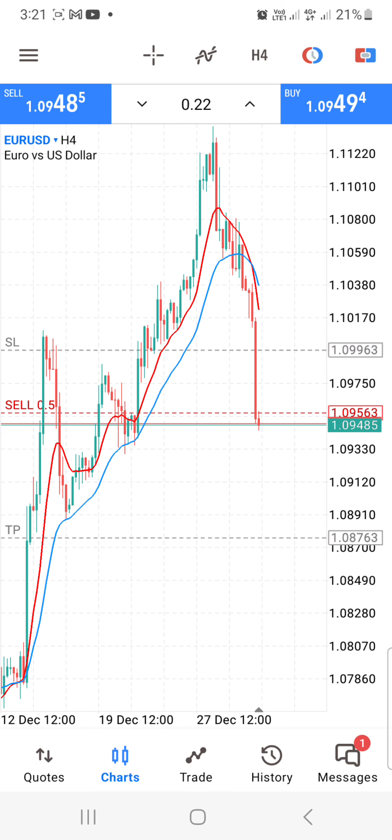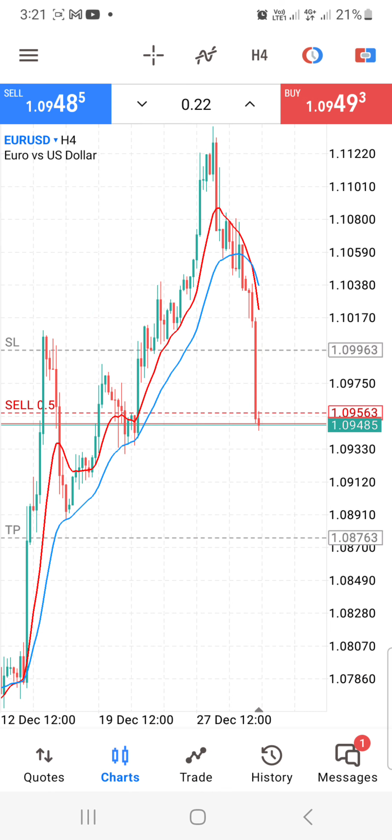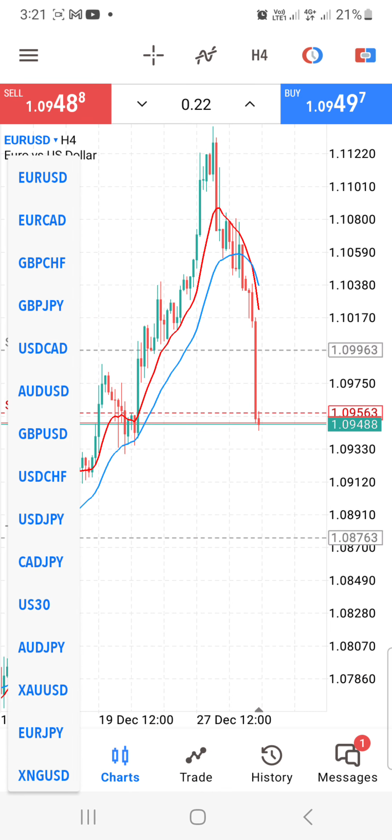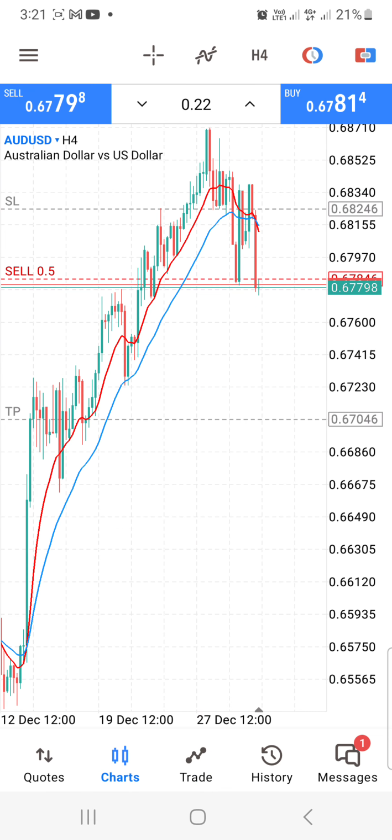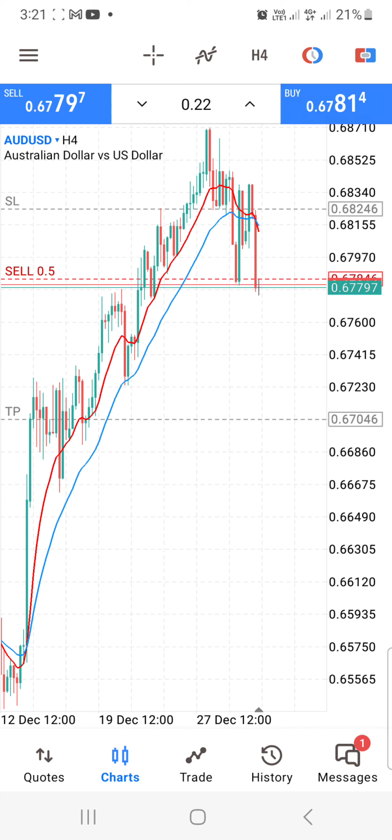Let me check for AUD USDT. Let me see what is happening there. Yeah, AUD USDT, this is a sell. You can see my moving average.